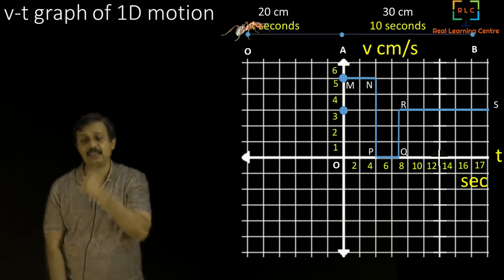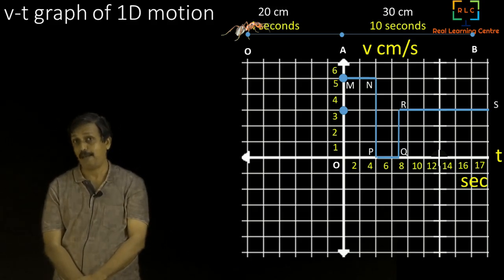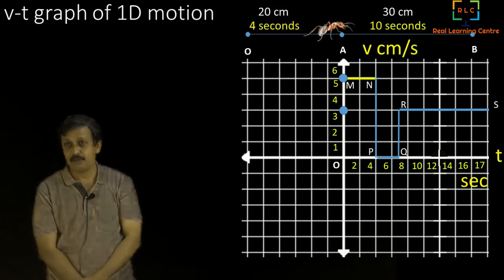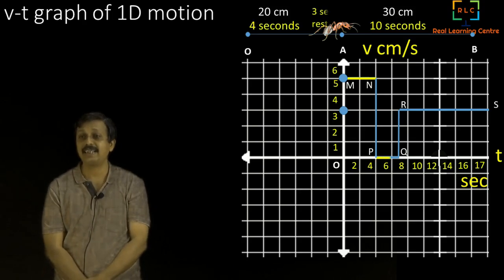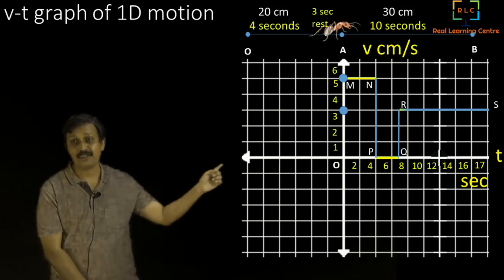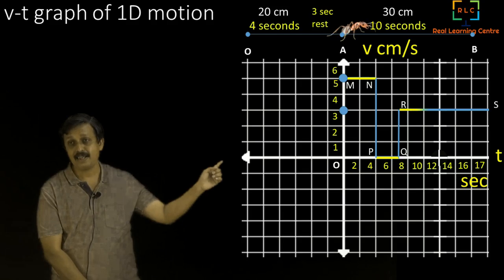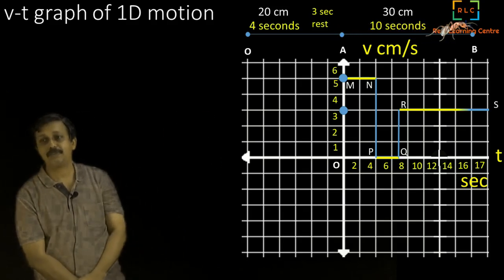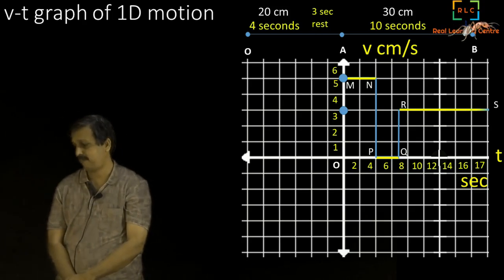Now let us see this happening with the ant moving. The ant moves, and you can see the yellow line coming over MN. Then it takes rest, and you can see the yellow line on PQ, and then it starts moving again. This time RS is moving. This is a VT graph.